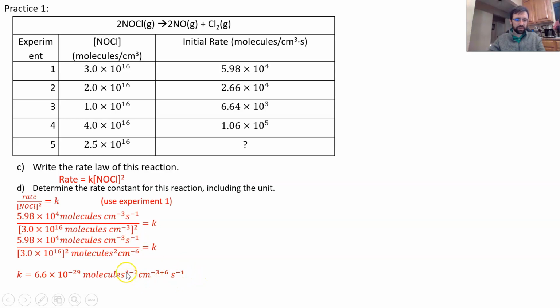So now we just are going to do the little bit of arithmetic to find out what the units are going to be. We end up with 6.6 times 10 to the negative 29th molecules to the negative 1, centimeters cubed, seconds to the negative 1. You may come across a question where you have to come up with some unusual units like that, so you want to be familiar with this process.